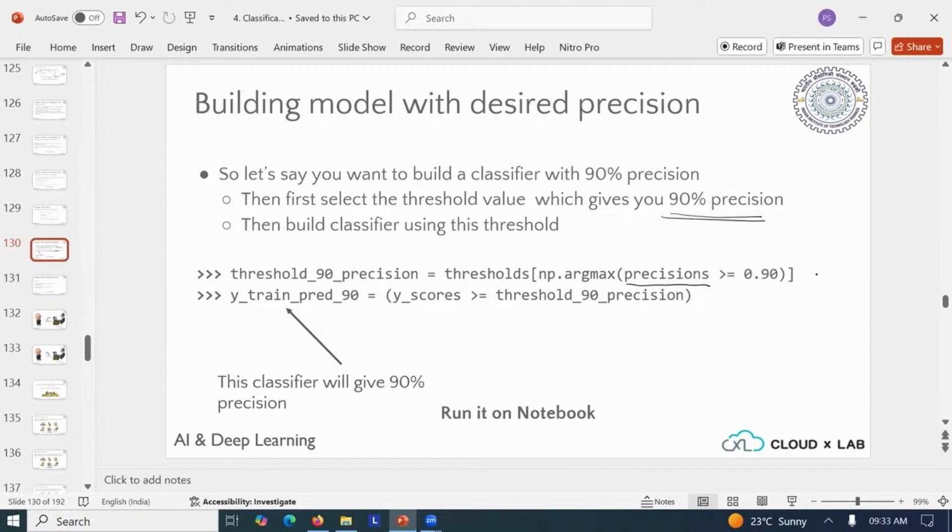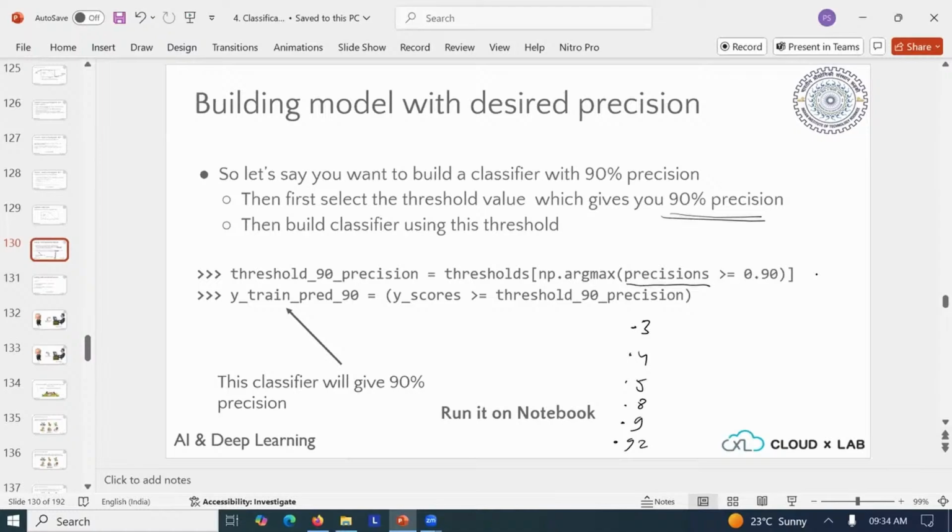So in precision, let's say we are having vectors: 0.3 precision for some threshold, 0.4, 0.5, let's say, then 0.8, 0.9, then 0.92, and let's say 0.95, right?